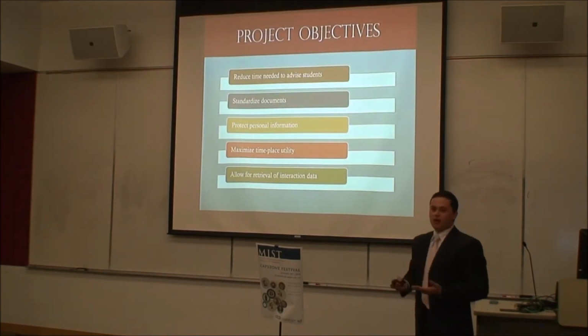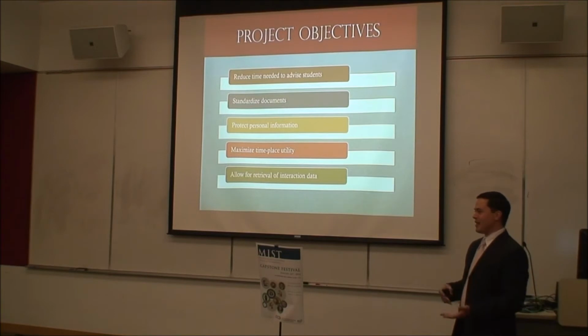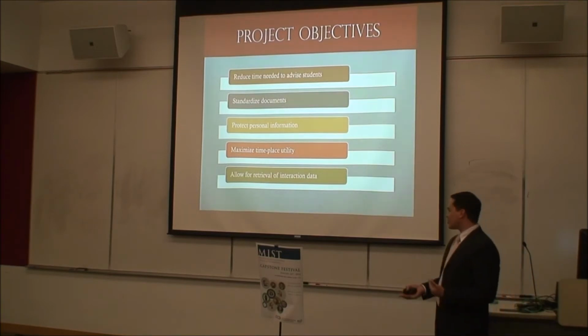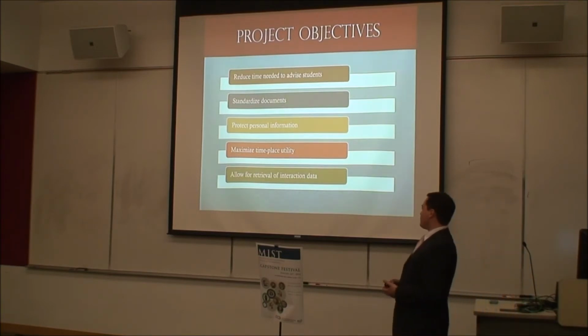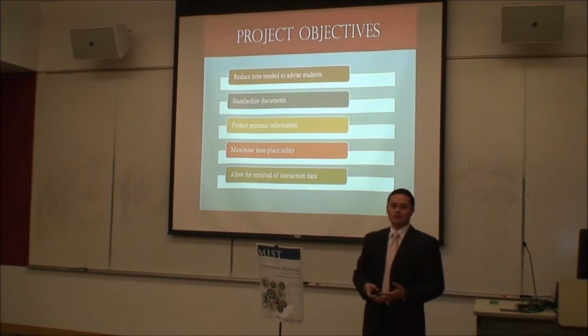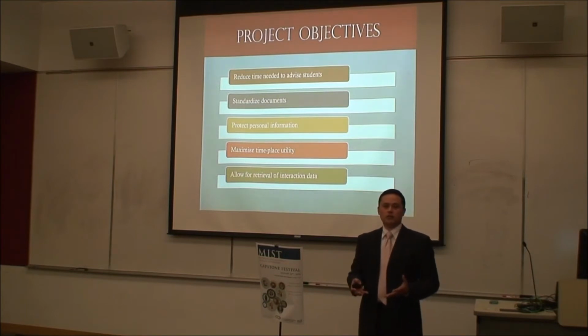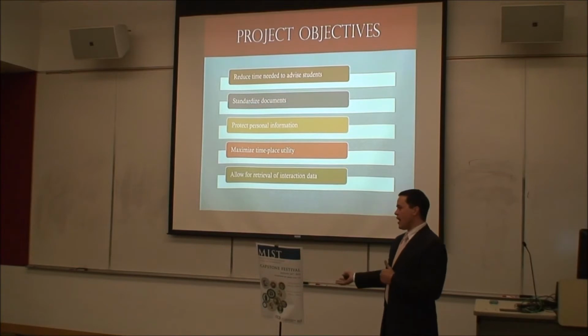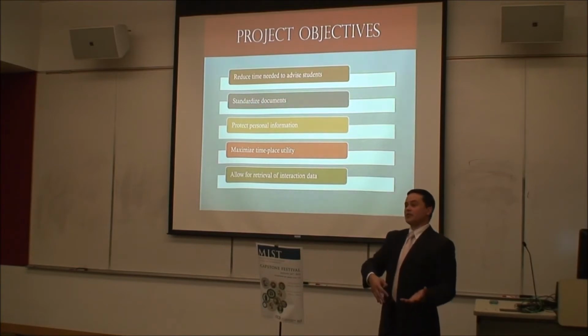So you'll see here that the project objectives are a lot different than what you would normally see in an instructional intervention. You have things like save time, standardization, protect personal information, maximize time, place, utility. And basically what that means is because they're so crunched for time, they can't sit down and necessarily do things in one shot. So they want to be able to do it from home, they want to be able to do it from the schoolhouse or from the work center.